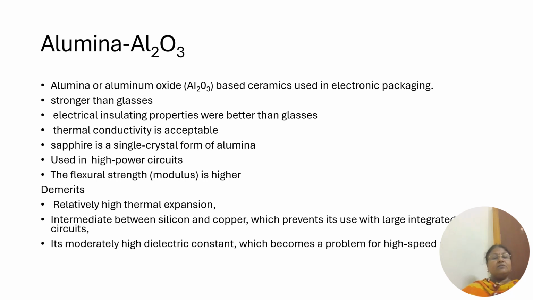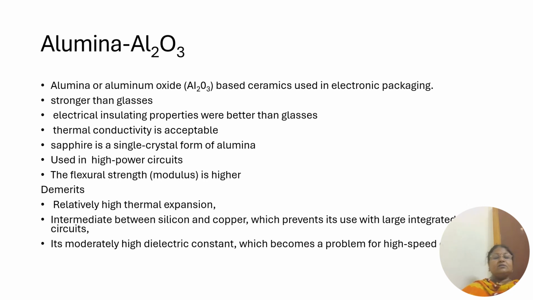Here alumina is in the form of oxide, where oxidation is going to be the fabrication of aluminium oxide based ceramic, and here it is stronger. The tensile strength is also very good. Electrical insulating properties are better, and thermal conductivity is very acceptable in the range.